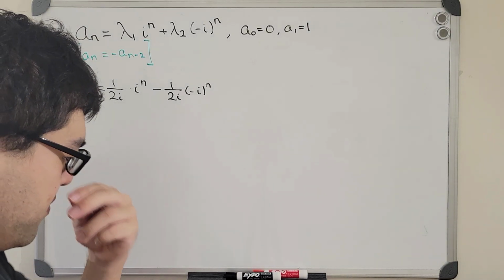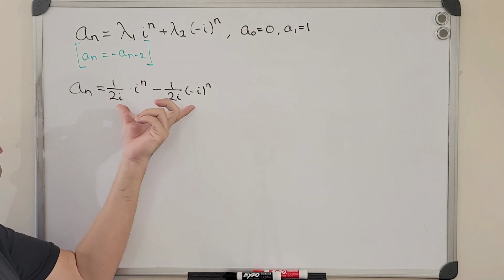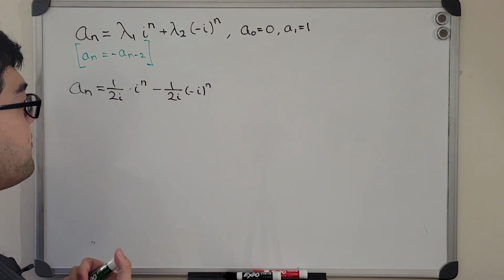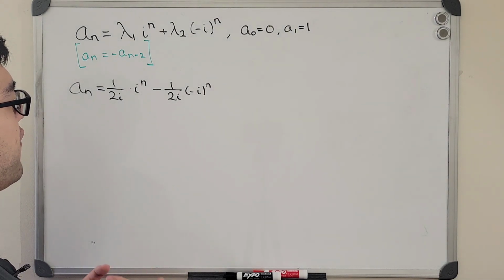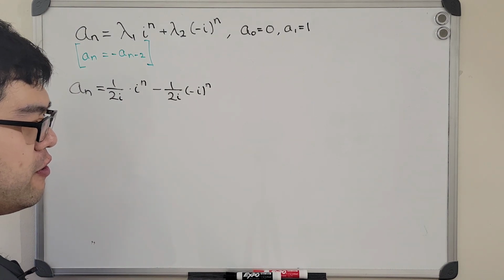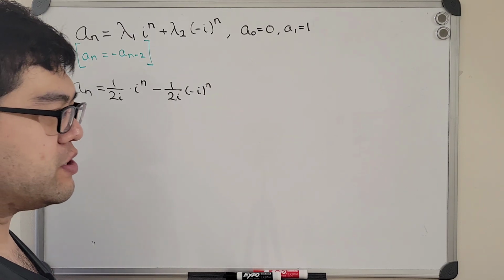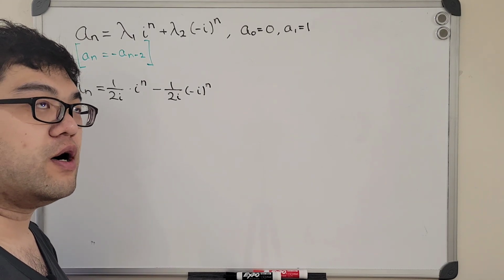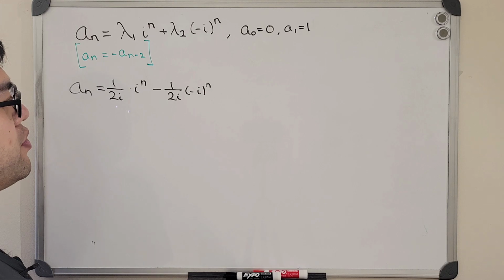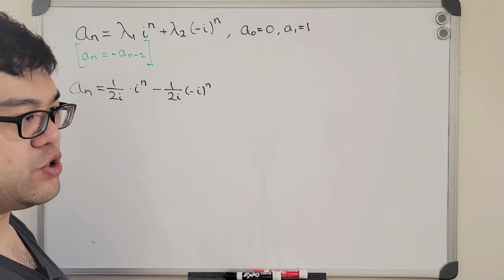Okay, so from the last board, we end up with the result a sub n is equal to the following expression, explicitly for the given conditions up here. Now we need to verify whether it is correct, because we said from the beginning of the video that we should end up with simply sine of pi over 2 times n, which means that we'll get all the values of a sub n as integers.